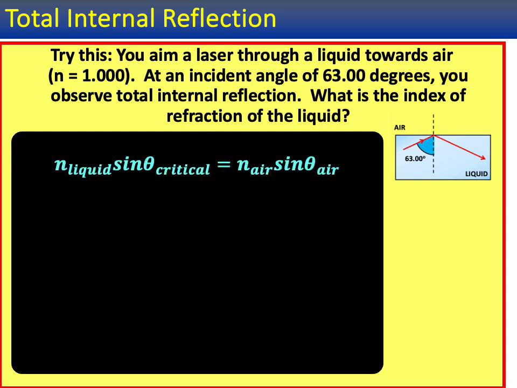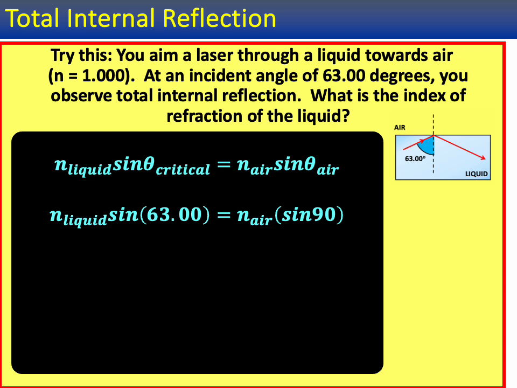So there's Snell's law, just written specifically in order to find the critical angle. We found that at that 63-degree angle, that's when we switched between light being transmitted to air and it all being bounced back through the liquid.